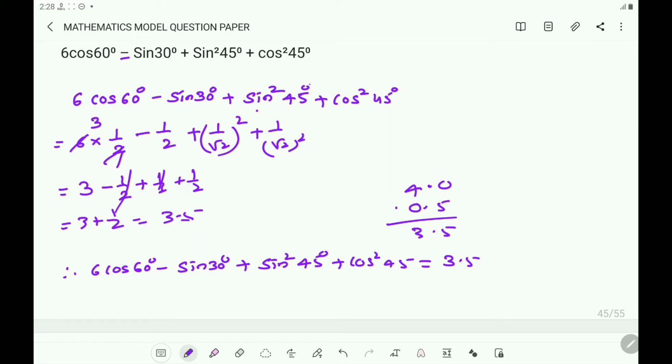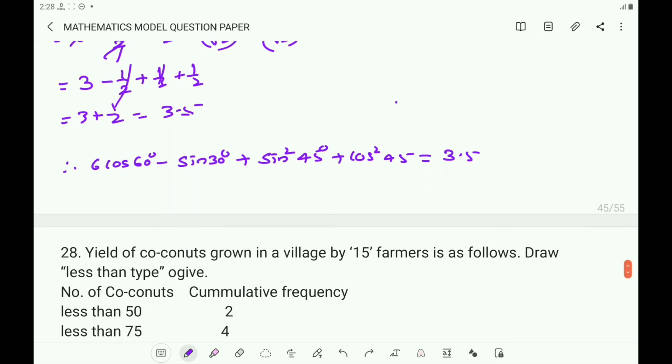You can use any one of the methods. Here you can use the identity, or also use the values of sin 45 degree and cos 45 degree. Sin 45 is 1 by root 2, cos 45 is also 1 by root 2. Its square means it becomes 1 by 2, 1 by 2, that cancels here. So you will get 3 plus 1 by 2, which is equals to 3.5.